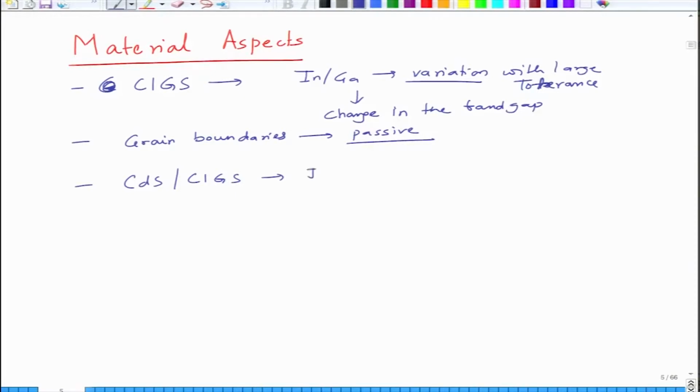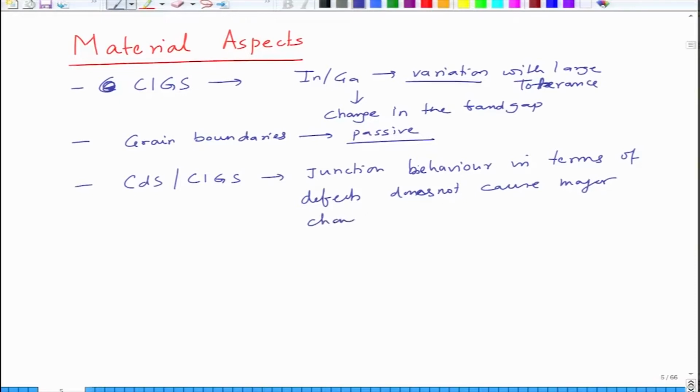The junction behavior in terms of defects does not cause major change to the device performance. So these are few aspects of CIGS which are pretty advantageous, that the grain boundaries are passive and the metallurgical behavior of the junction does not affect the device performance that much.